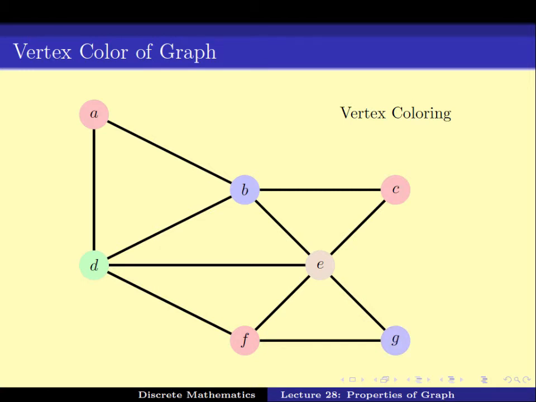Here we have a coloring with 4 colors. Now, can you color this graph with fewer? Namely, can you color this graph with 3 colors? This is the kind of question that is usually asked.